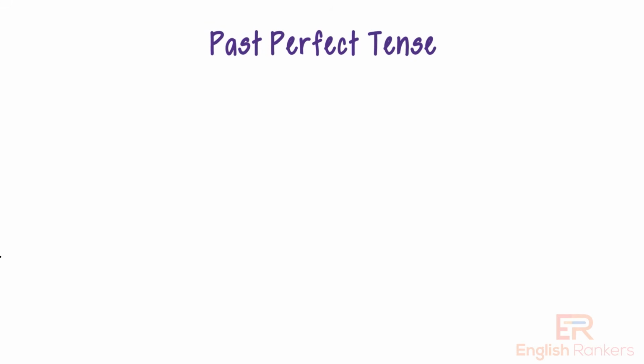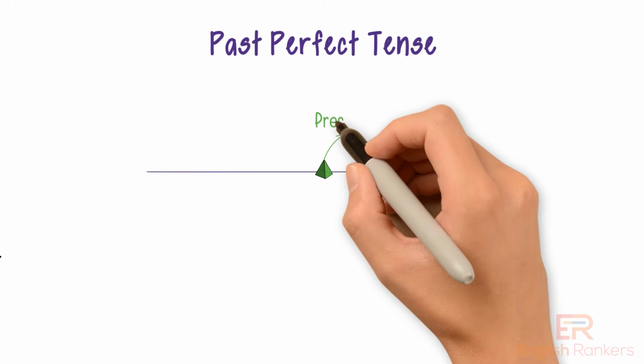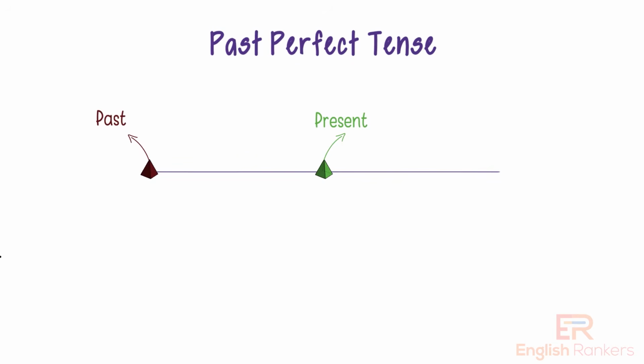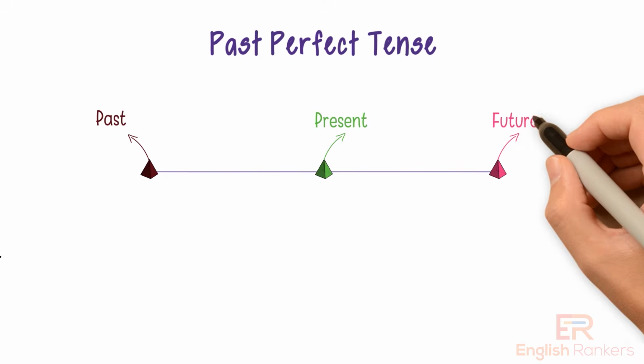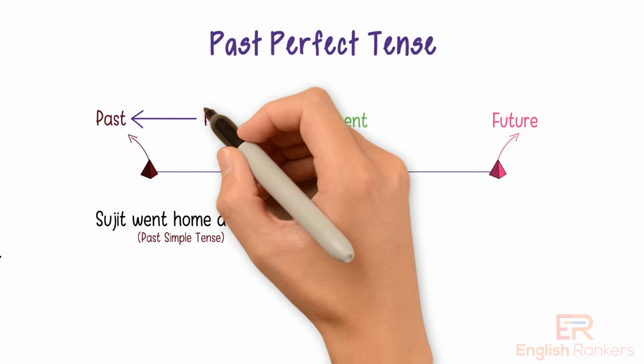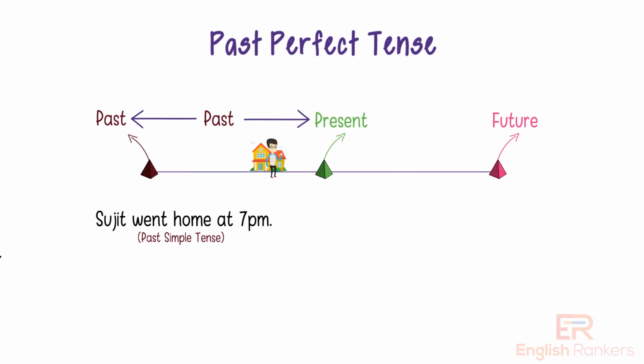Let's take a timeline for clear understanding. Let's draw a timeline. This is the present. The left side of the present is the past and the right side of the present is the future. Let's take an example. Sujit went home at 7 p.m. So what tense is it? It is past simple tense. The left side of the present is all in the past.